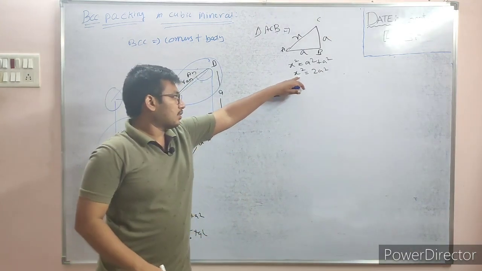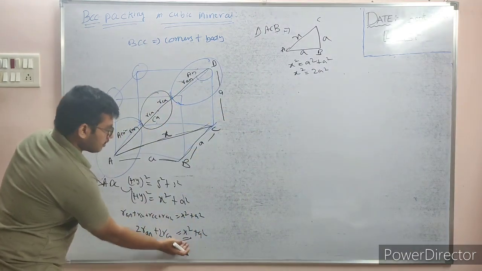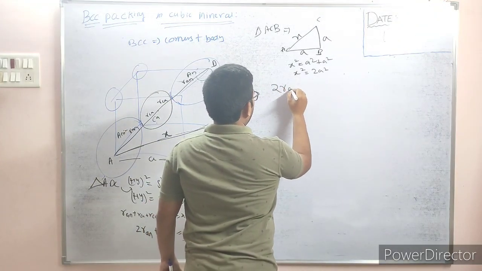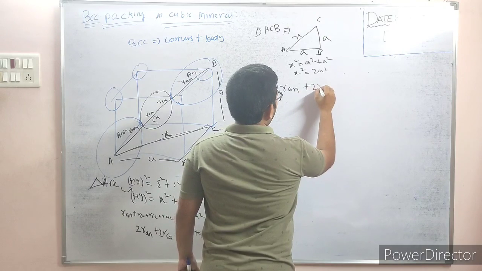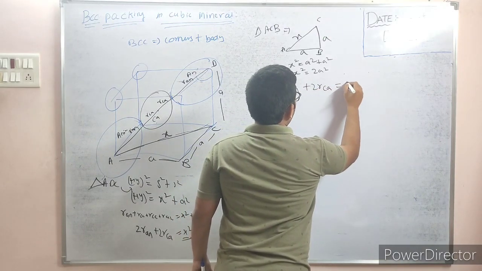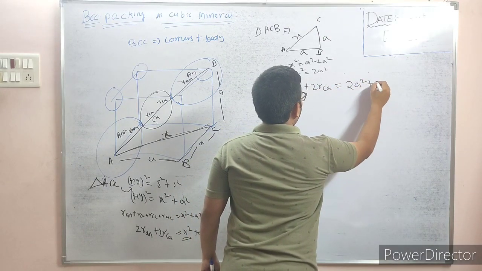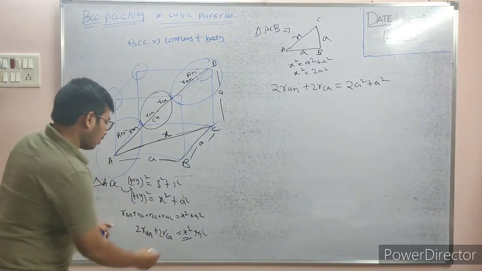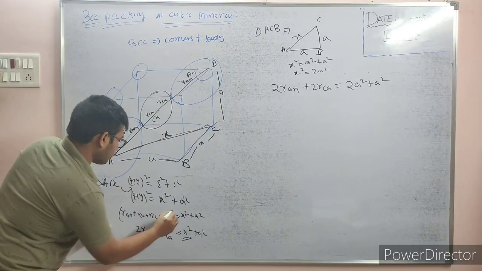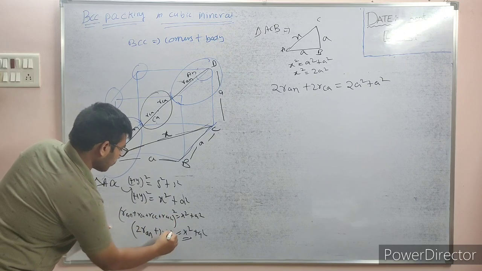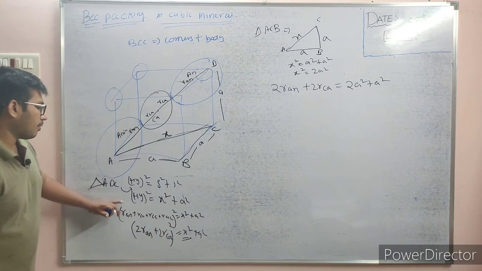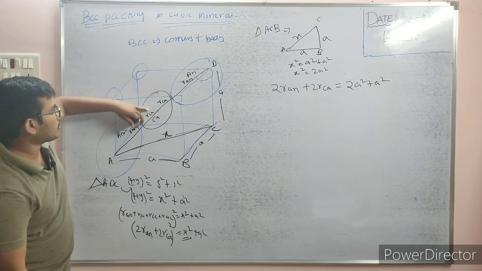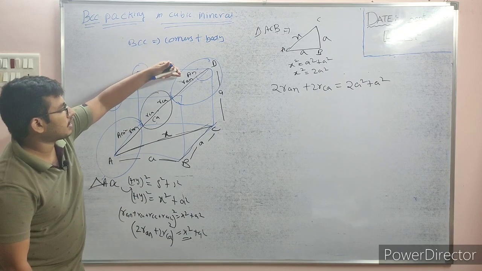We put this x square on this, so what you will get? 2 into radius of anion plus 2 into radius of cation is equal to 2a square plus a square. ठीक है, sorry, in this whole square will be present. So this will be the whole square, because hypotenuse square na, we will get the hypotenuse as radius of anion plus radius of cation plus radius of cation plus radius of anion.